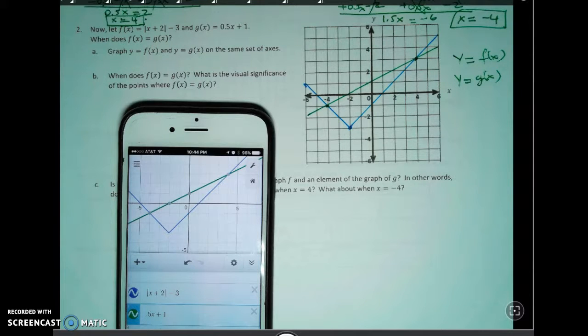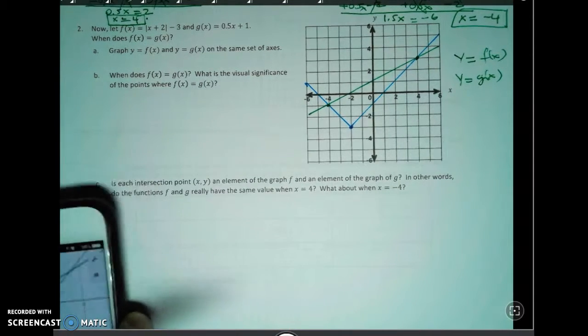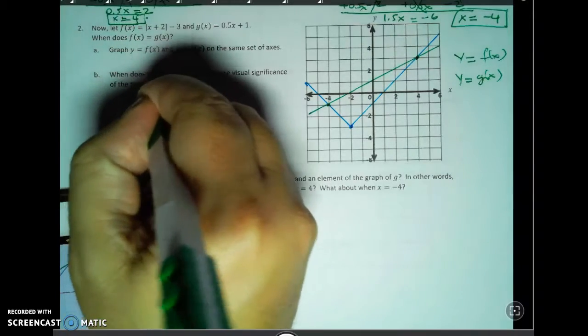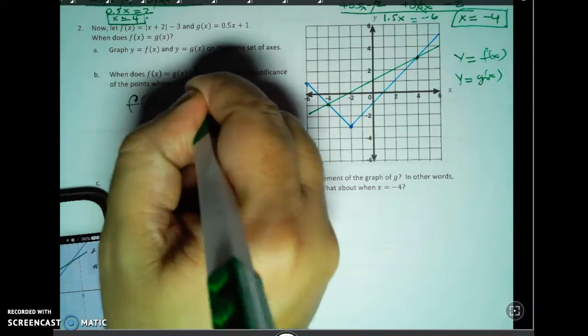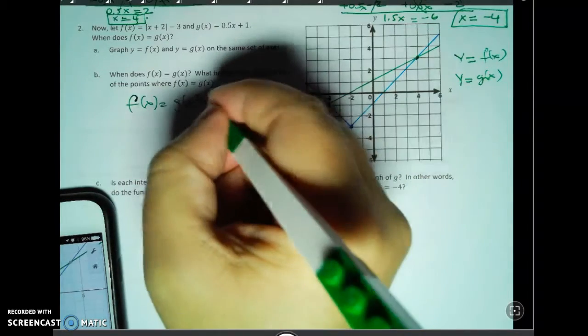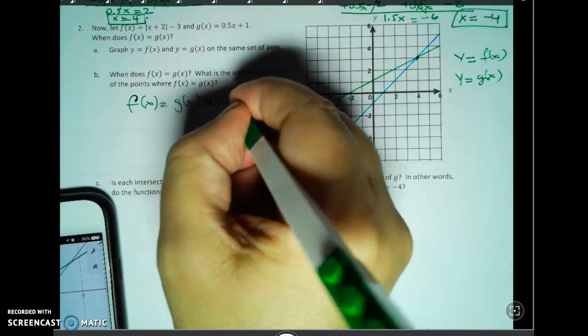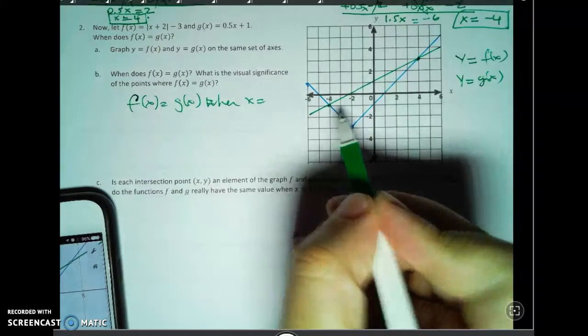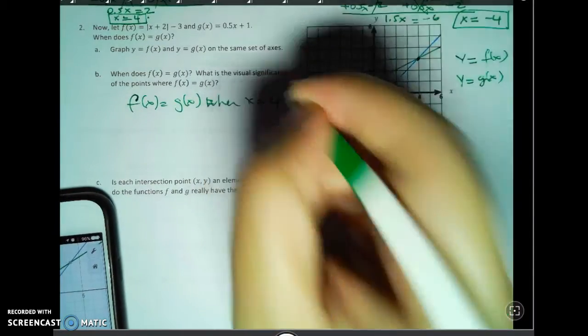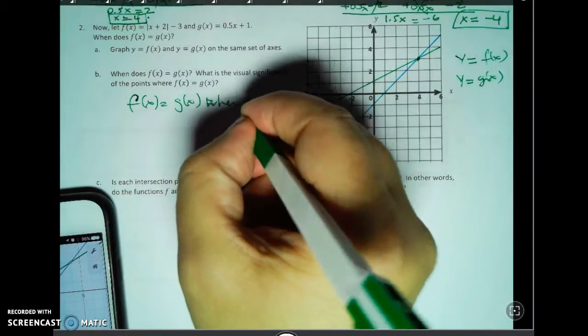The f of x will equal the g of x when x is 4, and also when x is negative 4.